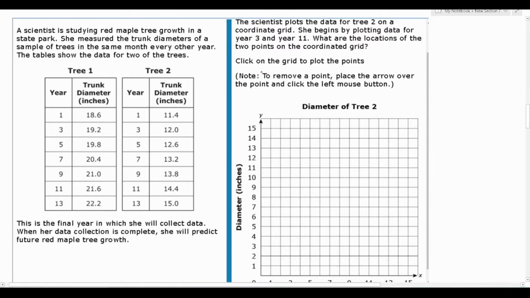So this first question, which is to the right of this blue bar, says the scientist plots the data for tree 2 on a coordinate grid. So we're concerned with tree 2 for this problem. She begins by plotting data for year 3 and year 11. So we're looking exclusively at year 3 and year 11.